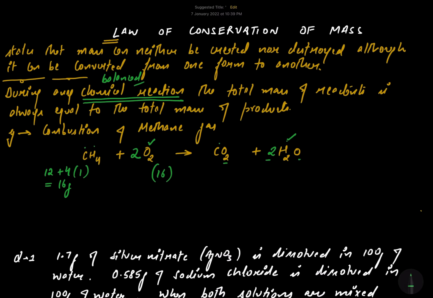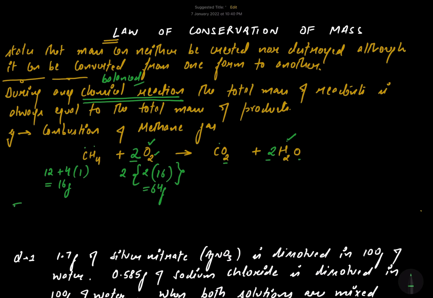Now oxygen atoms are total 2 in number, but we are also having stoichiometric coefficient 2, so we have to take it as complete 2. So 16 times 2 comes out to be 32, and 32 into 2 comes out to be 64 grams.